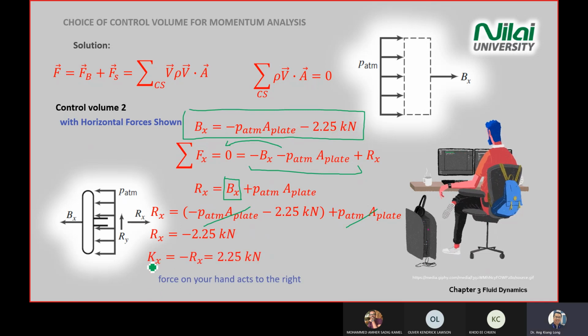And the force felt by your hand is opposite to the reaction force of Rx. So you will feel 2.25. The force is positive, and we assume all the force in the x direction to the right is positive. So based on your calculation, you get positive, which means the force is acting to the right on your hand. This is how you explain your answer.